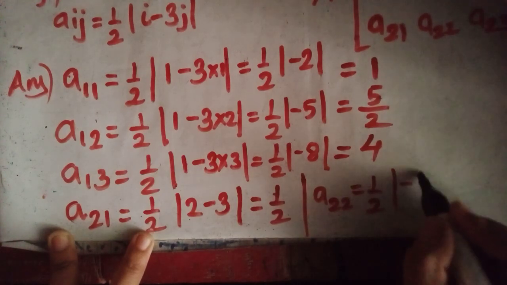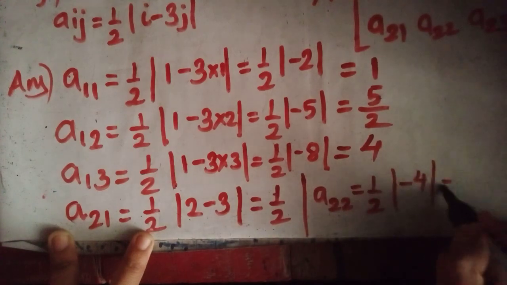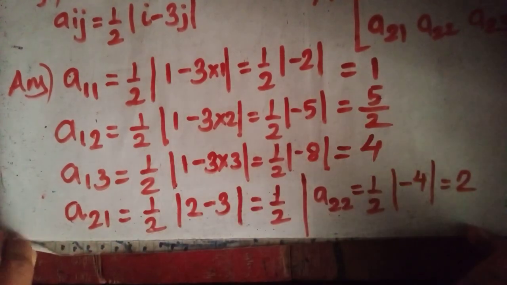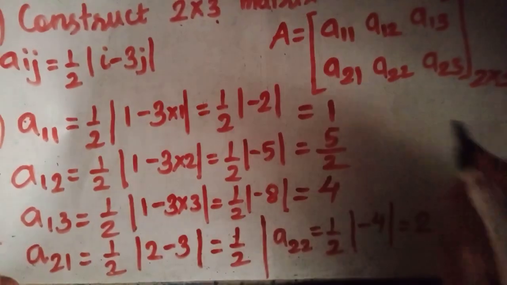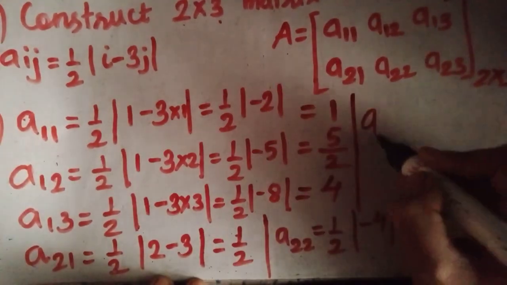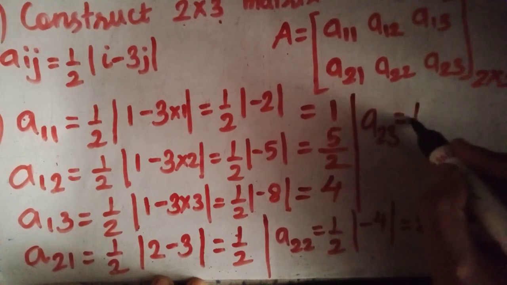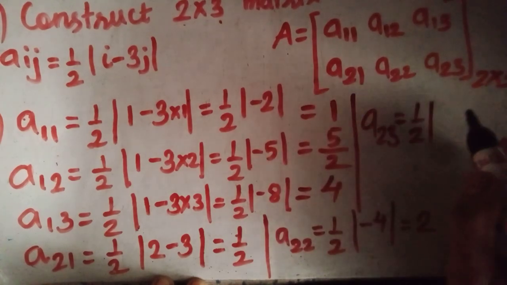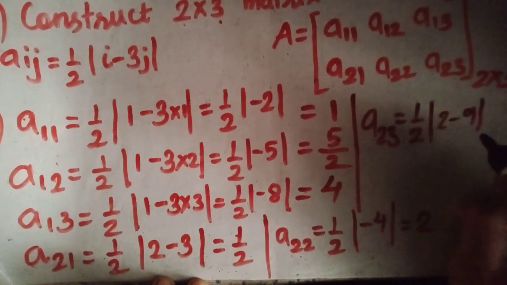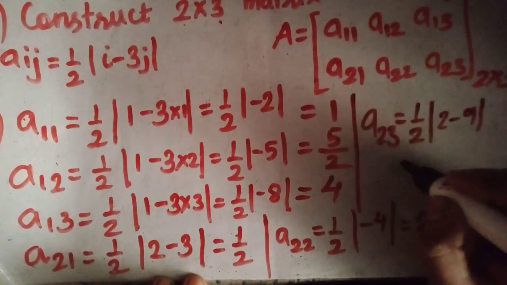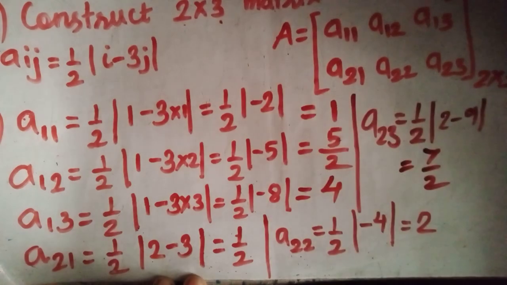It will be minus 4, so your answer is 2. And the last is A23. It will be half, 2 minus 3 into 3, which is 9. 2 minus 9 is minus 7, so it will be 7 by 2.